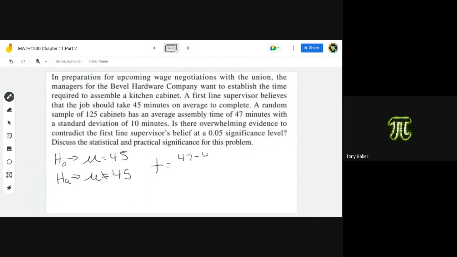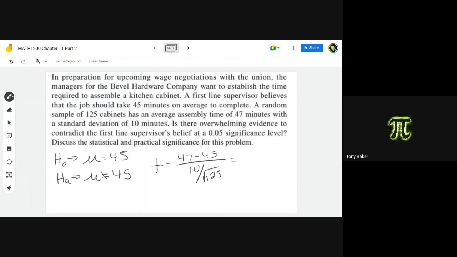So we're going to do 47 minus 45 over 10 divided by the square root of that. Correct.